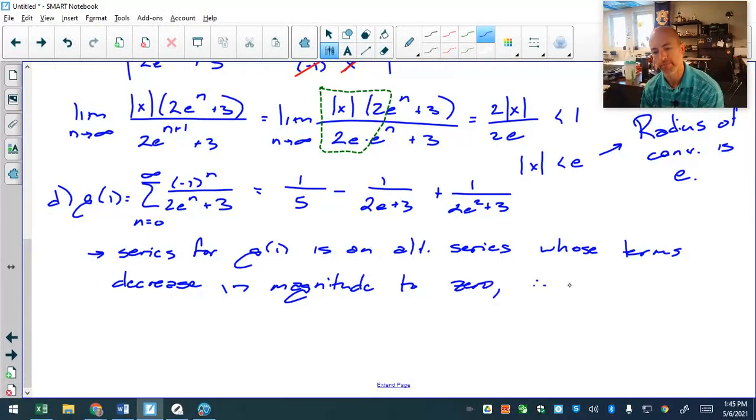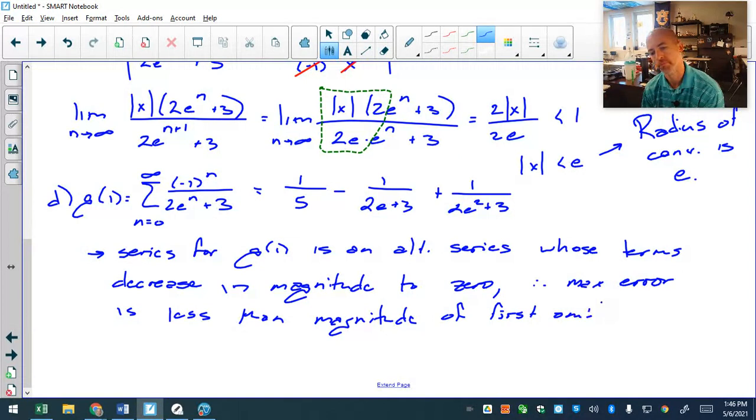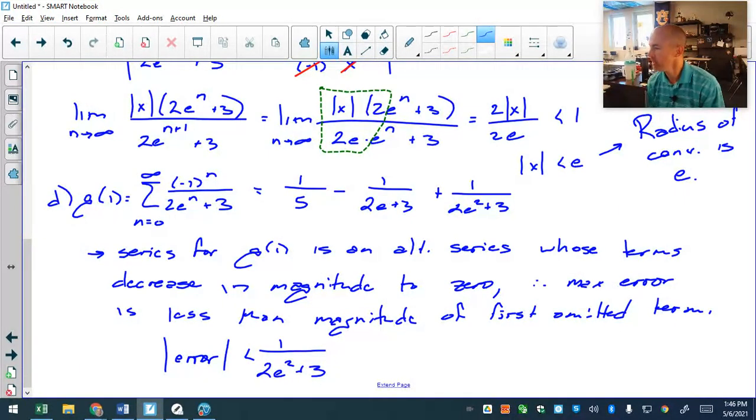Therefore, the maximum error is less than the magnitude of the first omitted term. So in this case, the maximum error is going to be less than 1 over 2e squared plus 3.